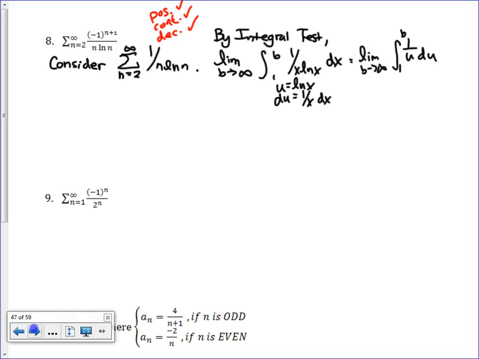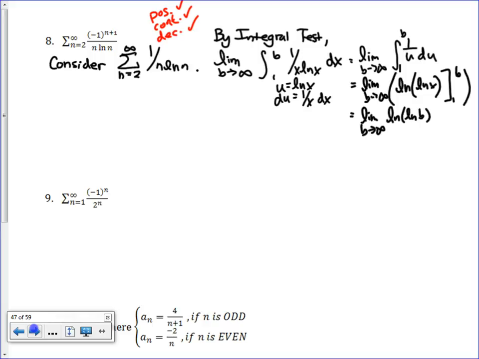Integral from 1 to b of 1 over u du is ln of u, and ln of u is ln of x, from 1 to b. You guys can probably see it by now, right? This would be ln of b minus ln of, oh, not 1.